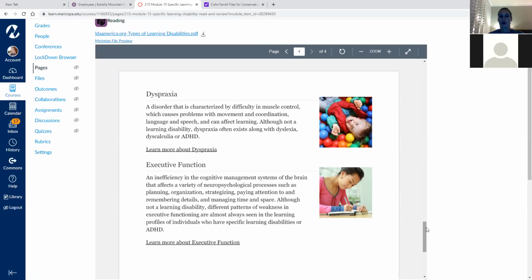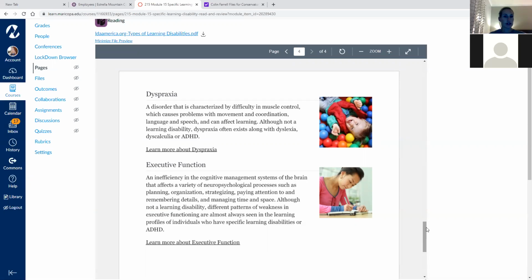And to me, that's neuro-based for sure, executive function. There's a variety of ways when we talk about executive function, and that's really that frontal cortex. That's planning, organization, strategizing, paying attention to and remembering details, managing time and space.